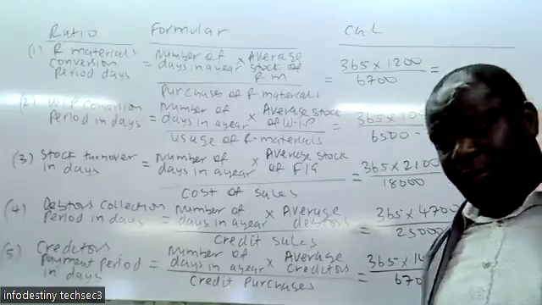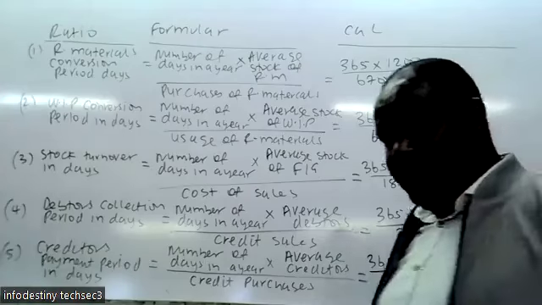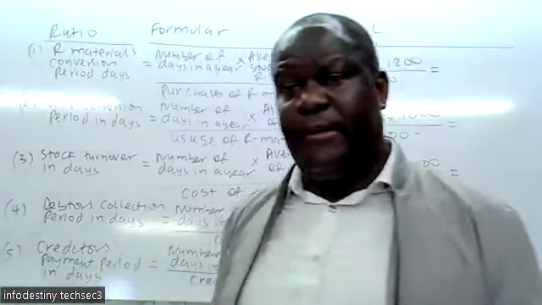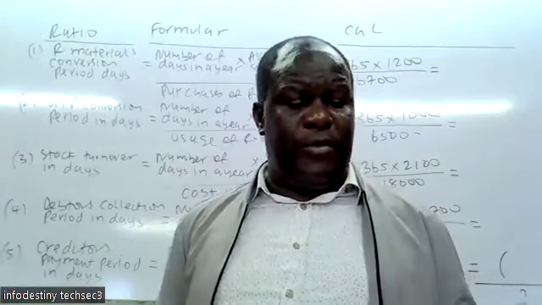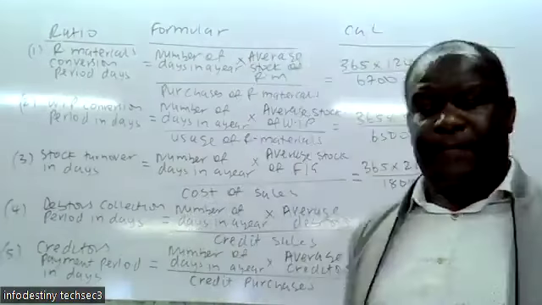Then they have also given you number of days in a year. So this one they have said 365. Then you can see the last part, average period of credit allowed to the suppliers. They have given us how many days? 16 days.